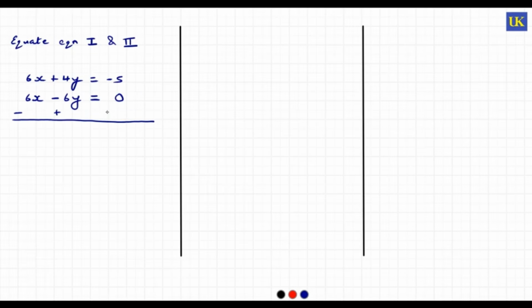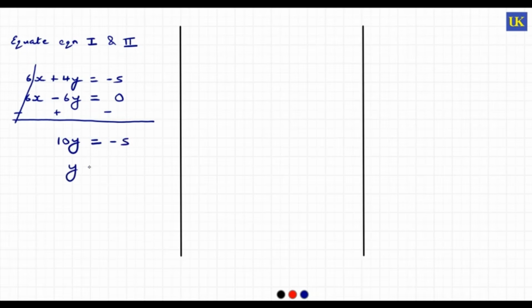Here it is plus, we will put minus here. For 0, actually it won't have any sign. Now here we will cancel this, then here it will become 10y is equal to, leave the 0, so it is minus 5.